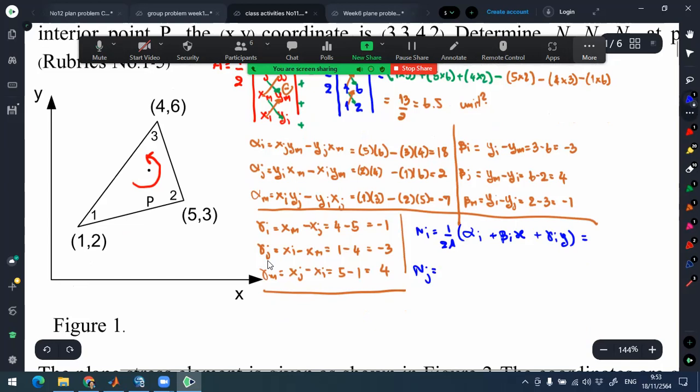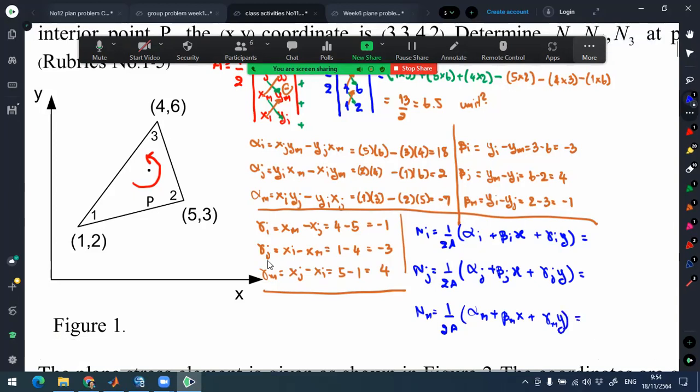Nj is equal to 1 over 2A times alpha j plus beta j x plus gamma j y. Nm is equal to 1 over 2A times alpha m plus beta m x plus gamma m y. And so on. Okay, xy is equal to what?